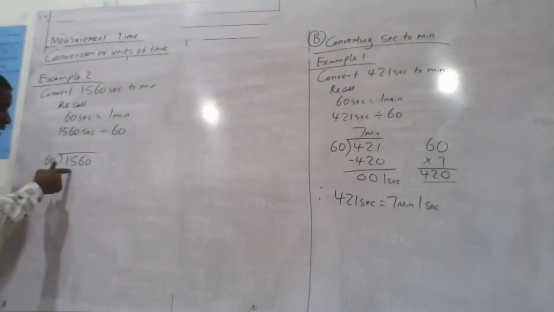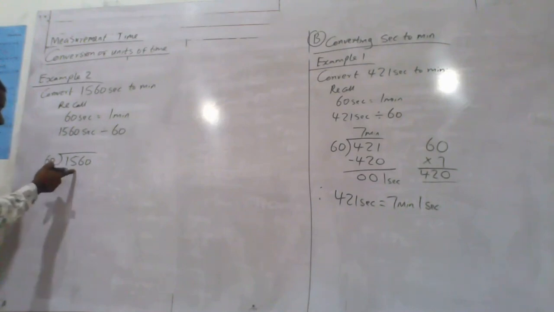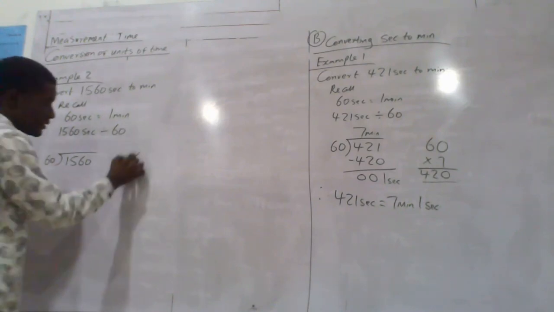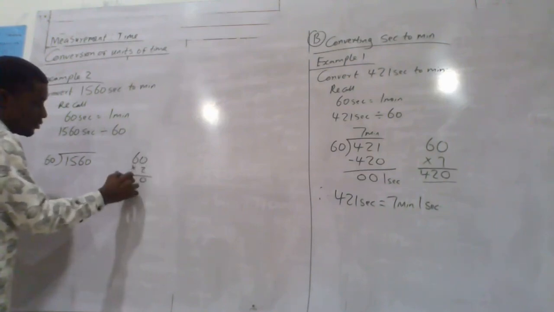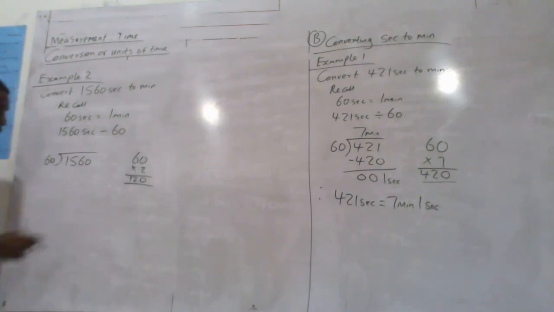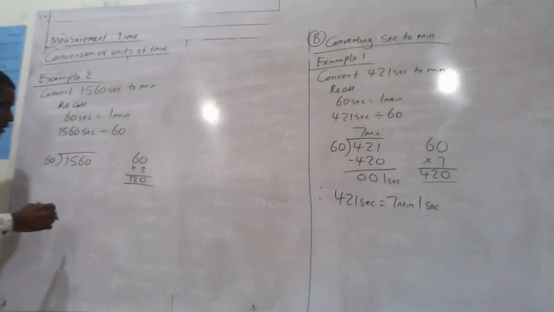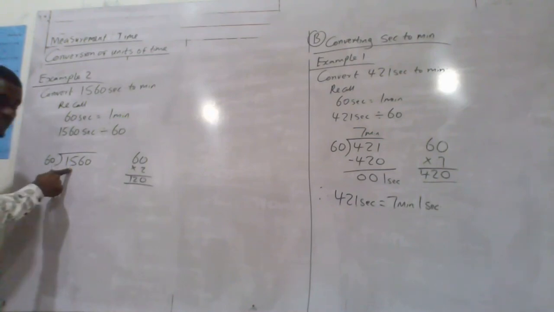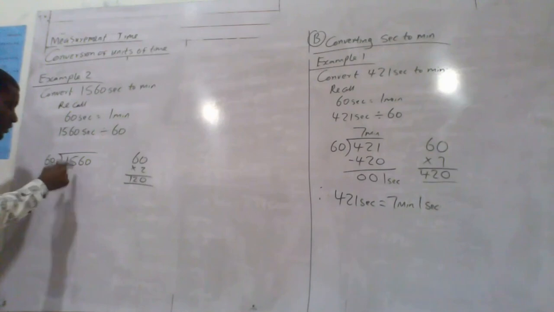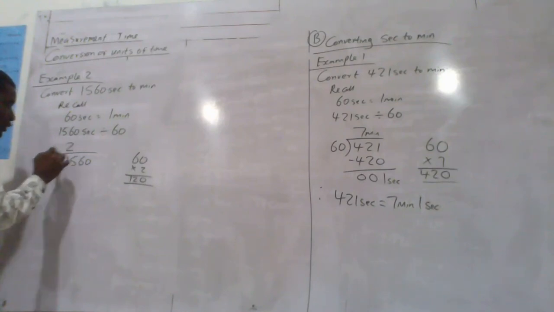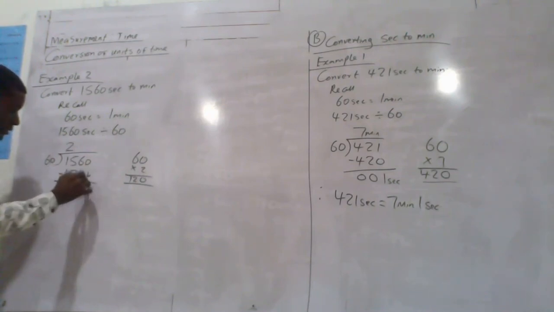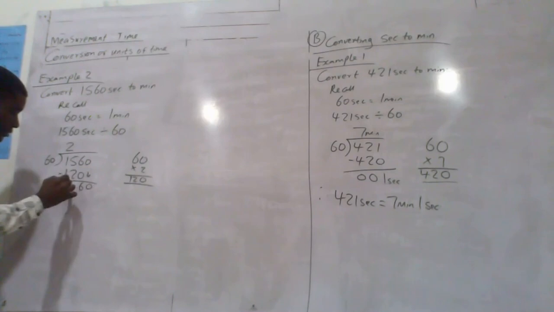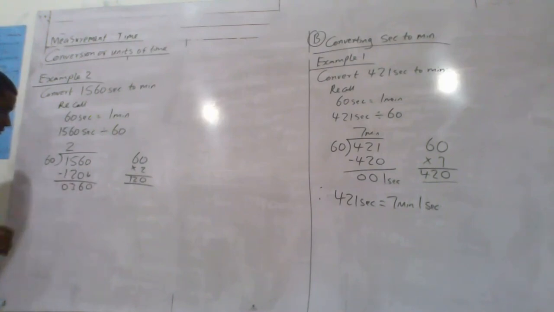How many times can 60 go in 156? That's 60 times 2, 0, 12. That's 120. Remainder 36. So that means 60 can go in 156 two times. 60 times 2 gives us 120. We bring down the 0, 6, 3, 0.